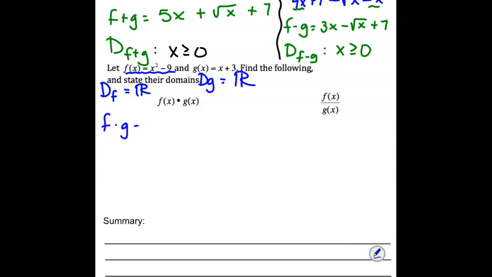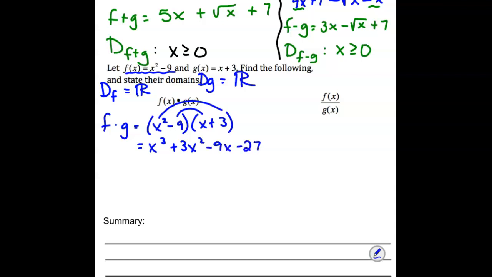So f times g is x squared minus 9 times x plus 3. Again, foiling this out, first term, x squared times x gets us x cubed. Outside, we get a positive 3x squared. Inside, we get a negative 9x. And our last term, negative 9 times 3 would be negative 27. No like terms to combine. So f times g would be x cubed plus 3x squared minus 9x minus 27. No domain restrictions on this one.